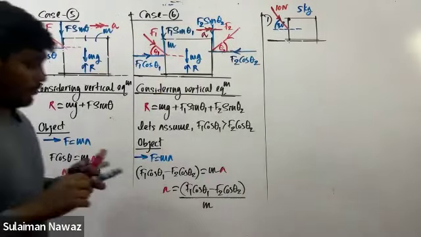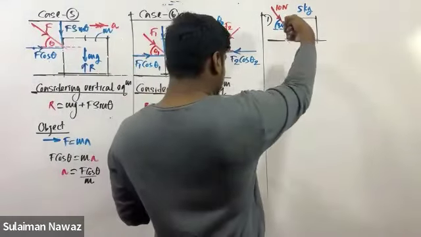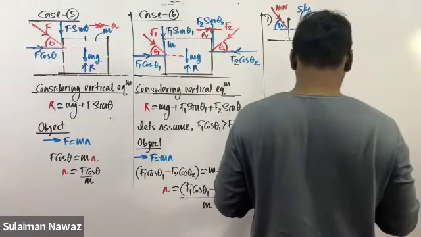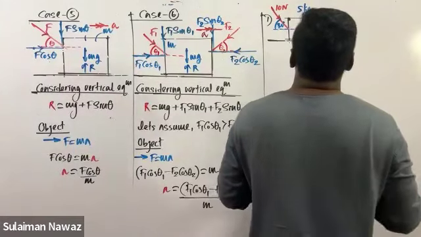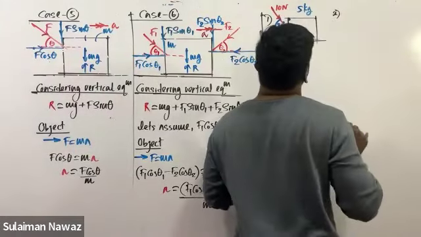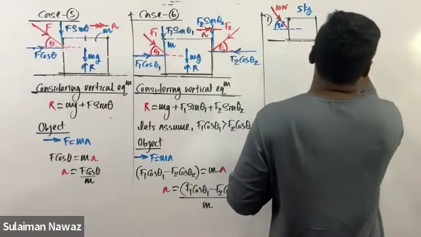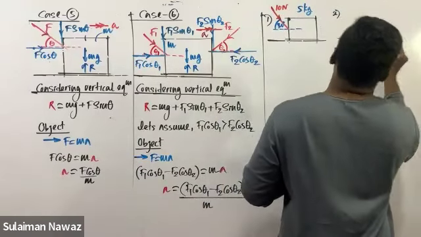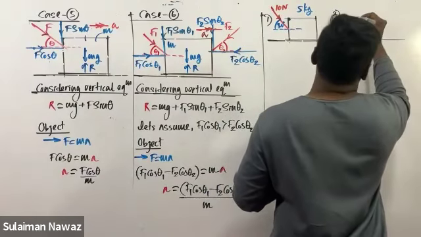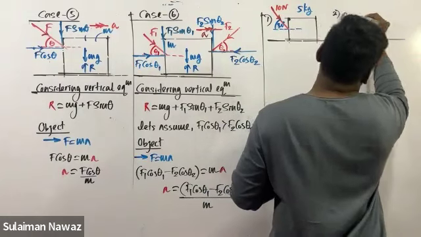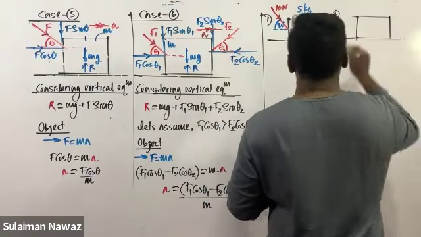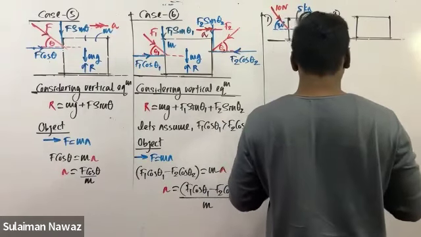Then example number 2, once you have found the normal reaction and acceleration for example 1. 10 kilogram mass.